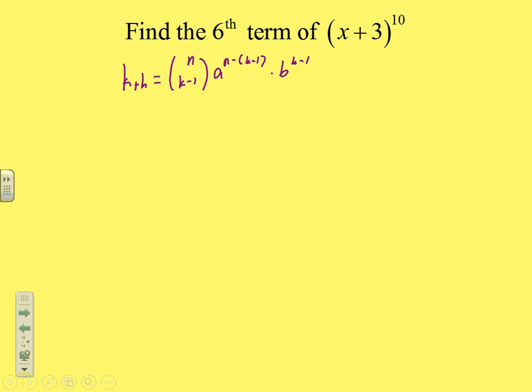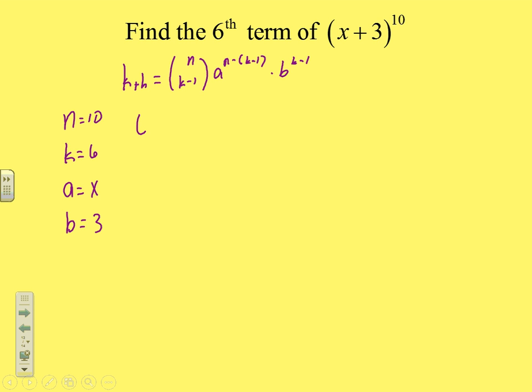In this case, n is 10, the exponent we're raising the binomial to. K is 6, because we want the 6th term. A is going to be x, and B is going to be a positive 3. Those are the numbers that I'm going to substitute in.